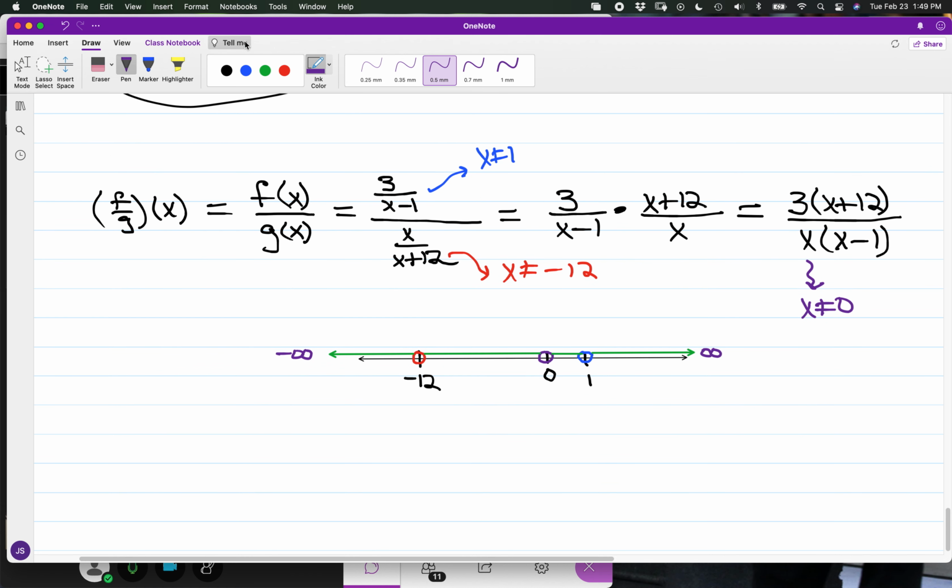All right, so just taking what we have now, for the domain of the quotient function, you have those values less than negative 12. Then we have those values of x between negative 12 and 0.